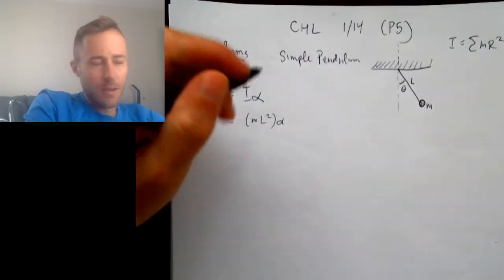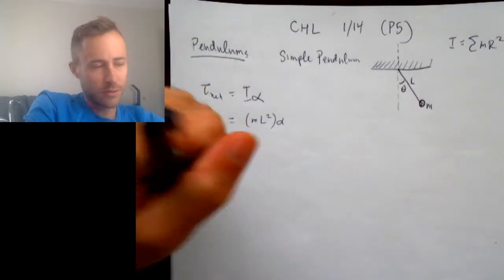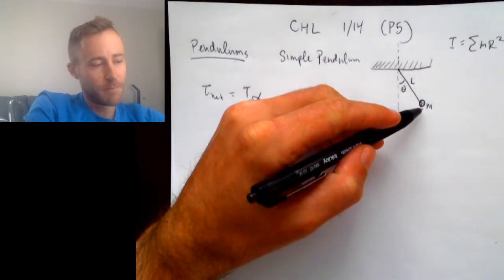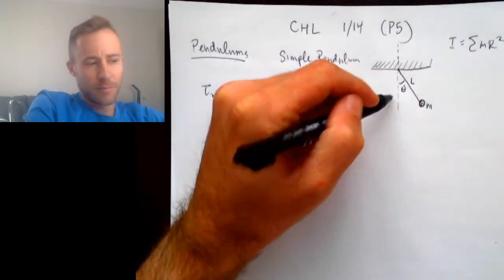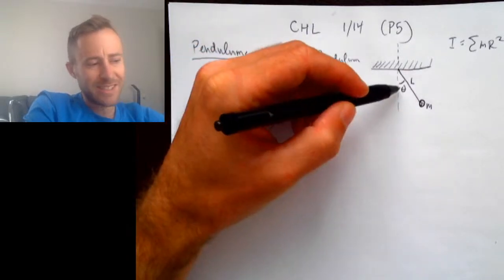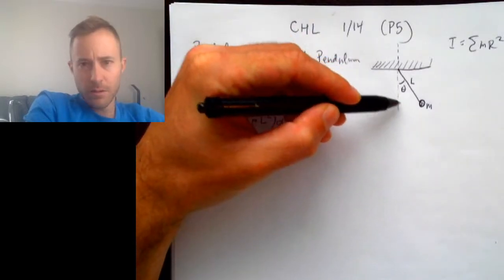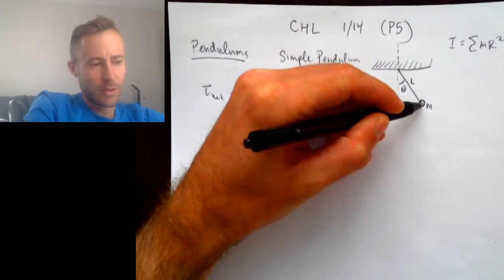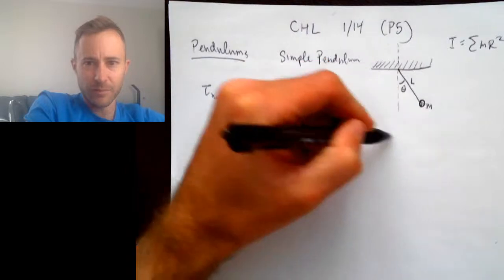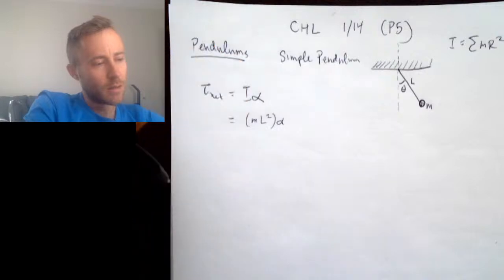Now we have to take care of the torque. The only torque that's acting here is the torque due to gravity. This is a positive angle, so we can see that the gravitational torque is going to tend to rotate the pendulum in the clockwise sense.